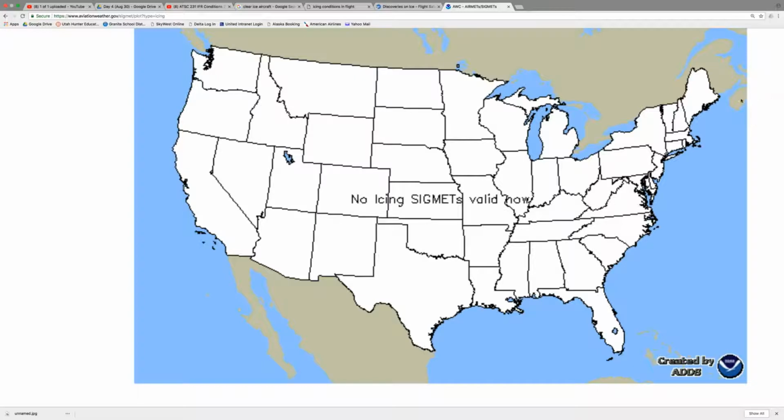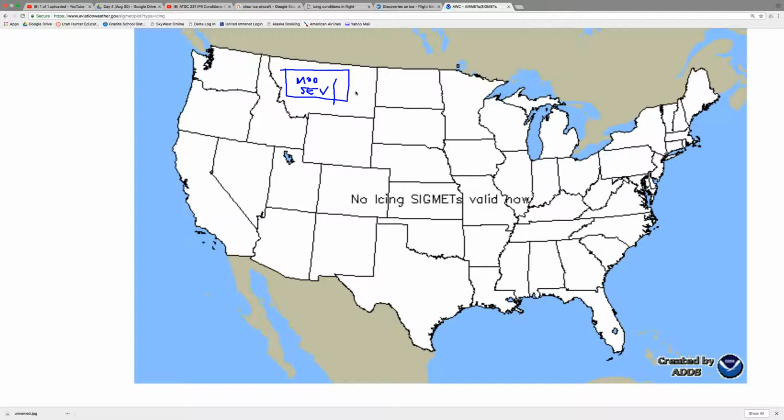So here's the kicker. If we see this box and it says moderate to severe icing, we can still operate in it. It's a forecast severe icing SIGMET. We can still fly through here. It's not a big deal.